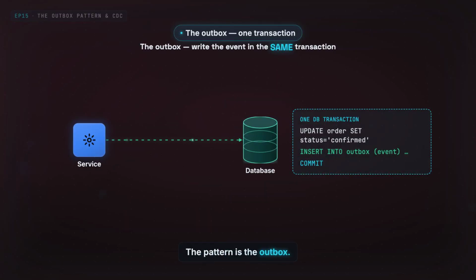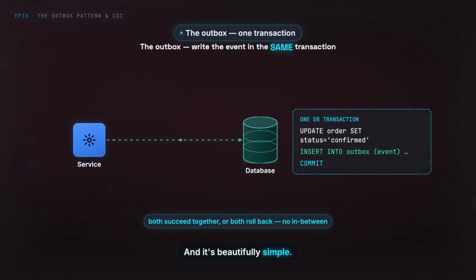The pattern is the Outbox, and it's beautifully simple. The trick? Instead of writing to the database and the broker separately, you write the event into a special table called the Outbox in the very same database transaction as your business change. So it looks like this.